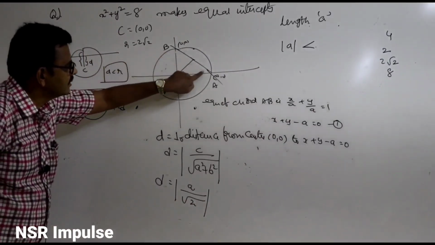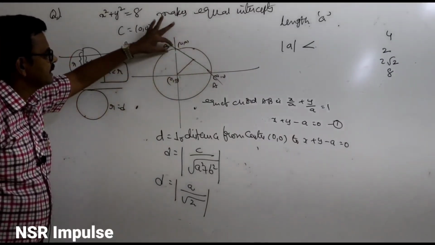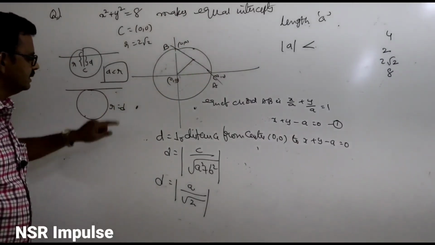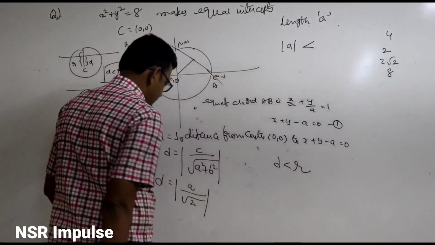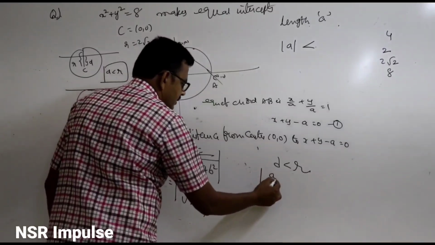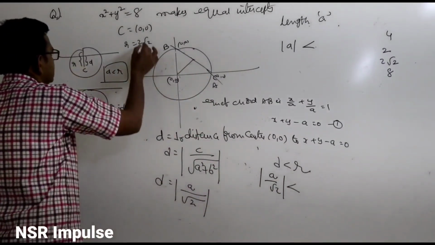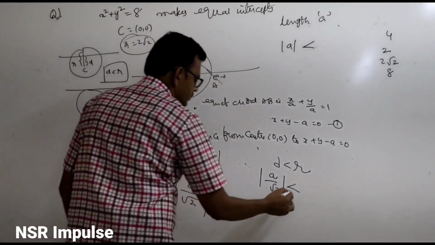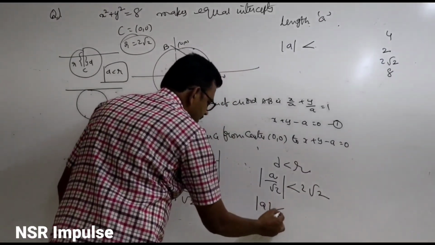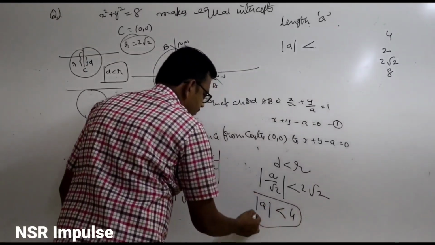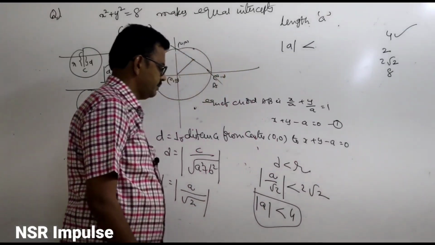Since the line is a chord, the line cuts the circle in two distinct points, so the condition is d less than r. Mod a by root 2 is less than 2 root 2, so it implies mod a is less than 4. So the first option is correct.